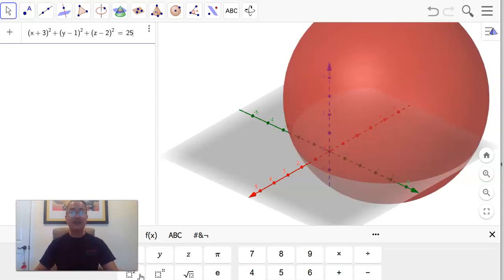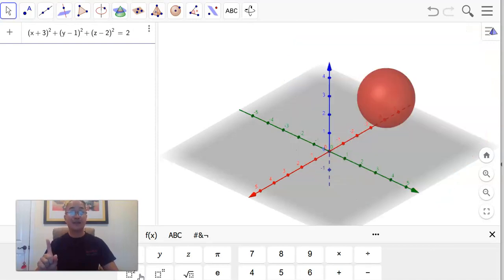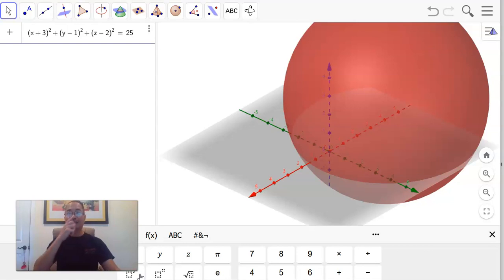Okay, there you go. So notice, it started out with 2, and when we put the 25 in, it got bigger. Okay, so of course, that is because when it was 2, the radius was square root of 2. Now that it is 25, the radius is 5.